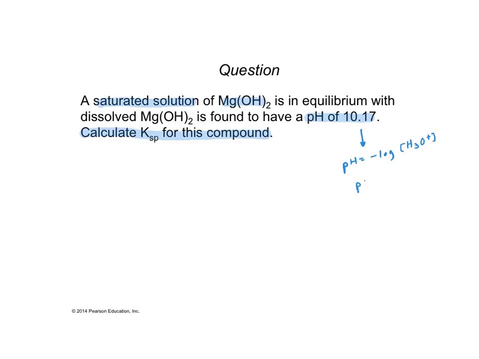Also, pOH, which is mainly more important here, is equal to minus log of OH minus. So it may be smart to determine the pOH for the solution and then maybe determine the hydroxide ion concentration from there. So go ahead and give it a try and then push play again and I'll show you the answer.